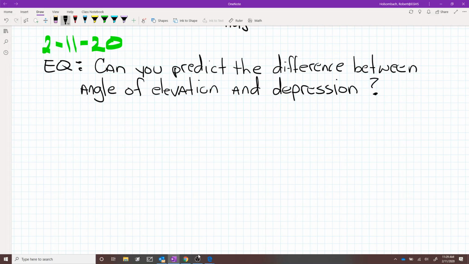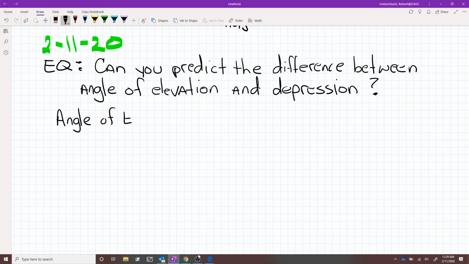Can you predict the difference between angle of elevation and angle of depression? Hopefully you have some type of a prediction. We're going to define these terms first.